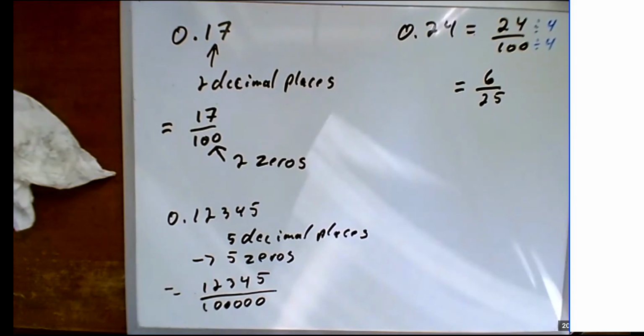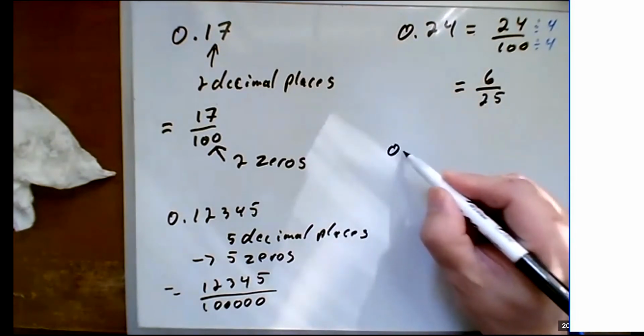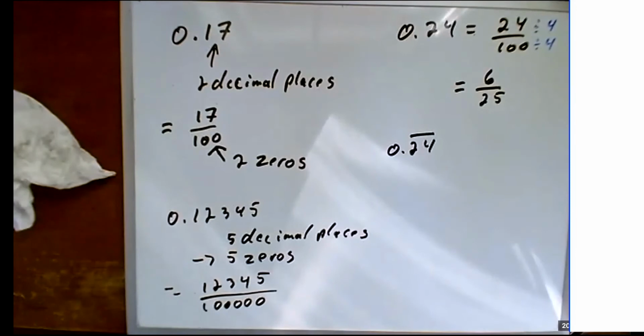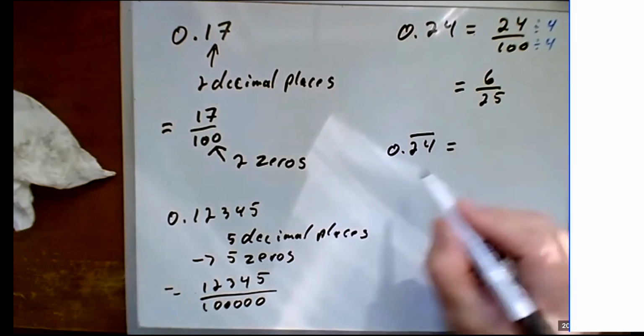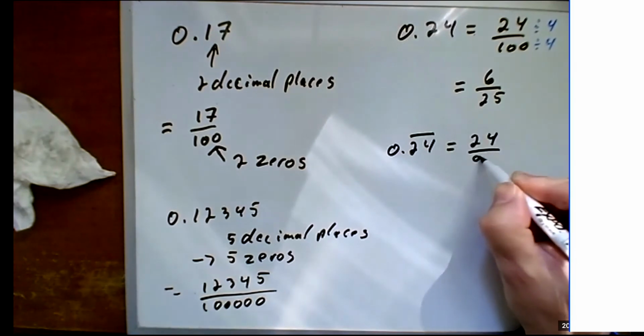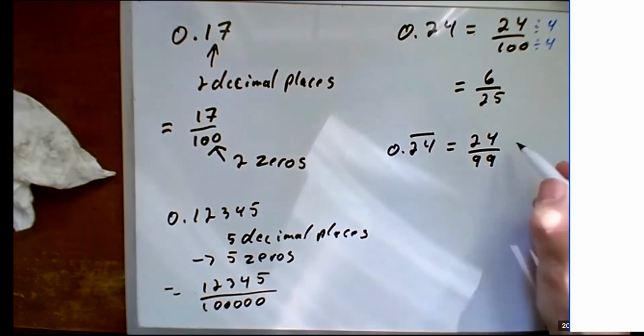I'm being asked to go really quickly over the repeating numbers, so let's take this same idea, but let's say now my 0.24 is repeating. It's going on and on and on. Well, now instead of putting the number of zeros, that same number of decimal places is going to be in 9s. So in this case, I'm going to get 24 over 99. And again, this is the important part that we want to remember.